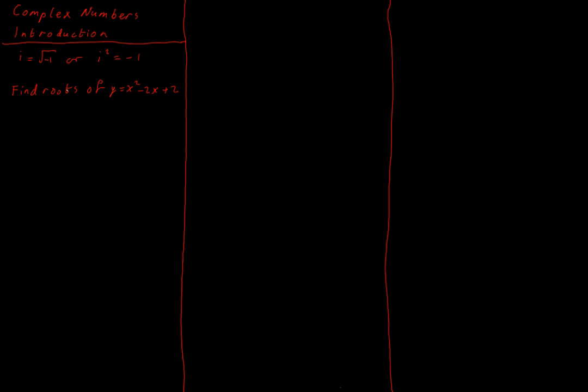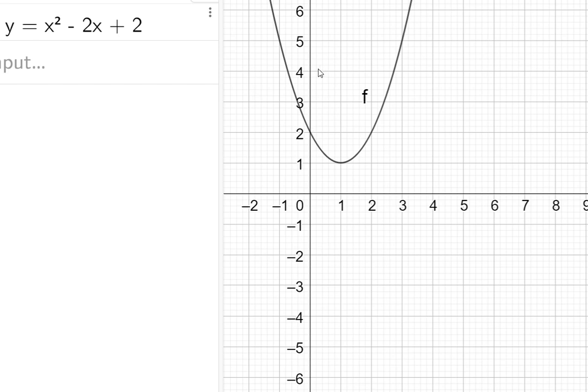Now, let's put this into practice and see where we have come across situations of these negative square roots before. So if we want to find the roots of this quadratic, we have y is equal to x squared minus 2x plus 2. This is that quadratic. And what immediately jumps out?